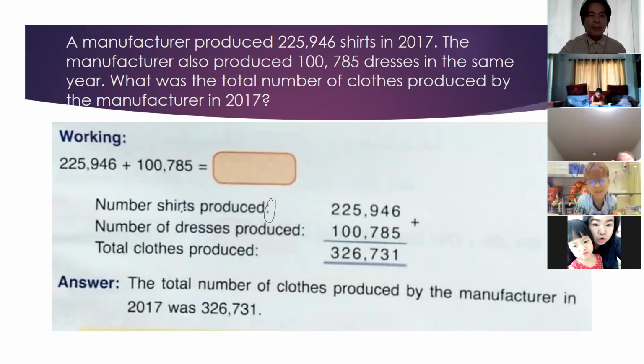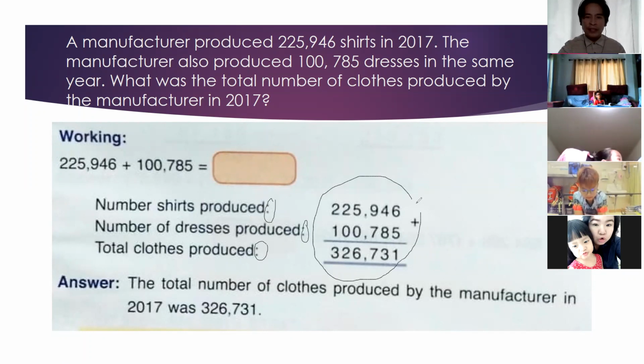Number of shirts produced. Number of dresses produced. The colon. Total clothes produced. So what quotation mark is this? Colon.